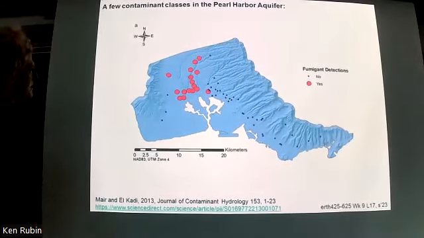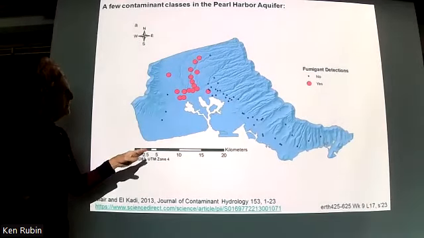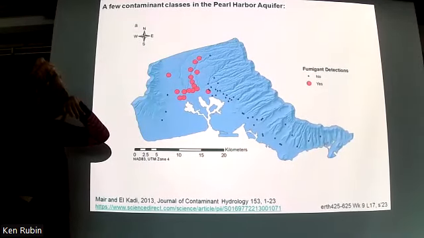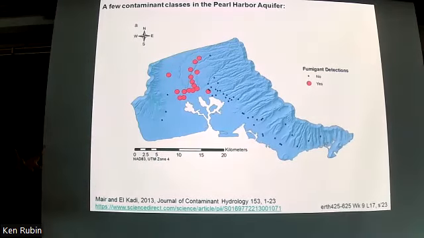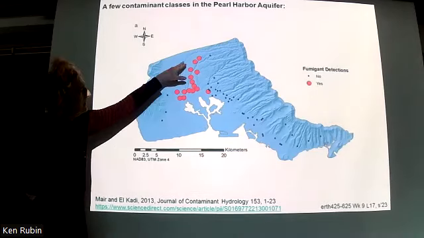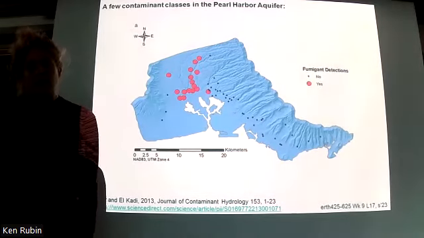This is fumigants. Fumigants are primarily used in agriculture, whereas the chlorinated hydrocarbons have their uses in agriculture, industrial, jet fuel, various military applications. You can actually see more occurrences of this in the water than you have of the halogenated hydrocarbons.